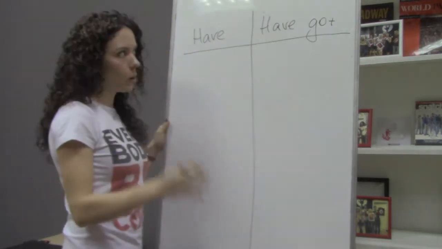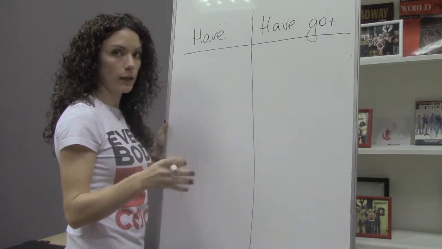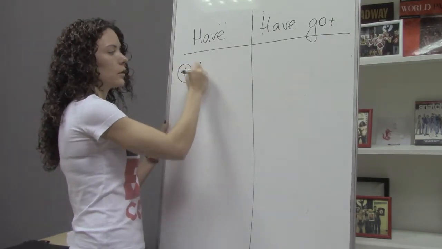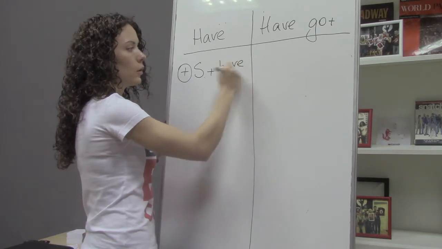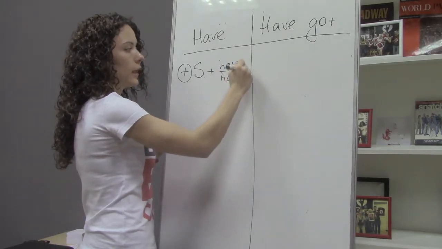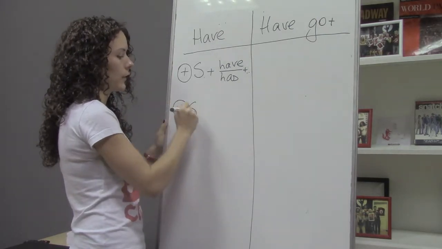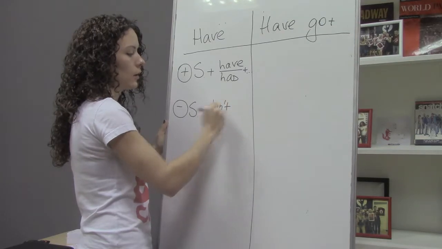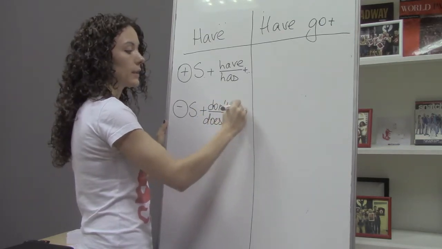Because have is used in present simple, we're going to use the present simple tense structure for the verb have. So we start with a subject, then we use have or has, and everything else. The negative form: subject, don't or doesn't, plus have.